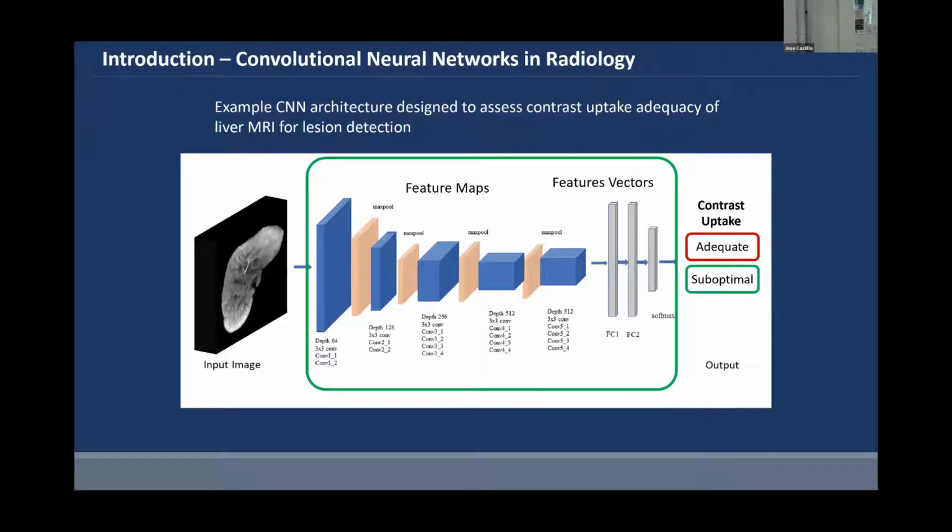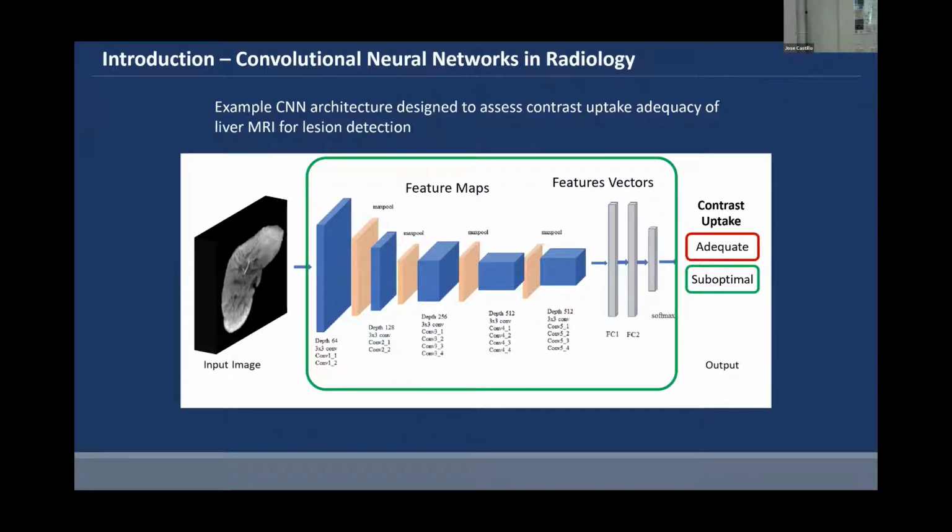So what I mean by that is you might have this little neuron right here have a large value, and that large value might indicate, hey, there's this weird bumpy texture in the liver, and that contributes to your decision of it being adequate or suboptimal in this case, right? Or you might have another neuron that's very small, saying that the morphology or shape of the liver is oblong or something like that, also contributing to the decision of adequacy or suboptimality.